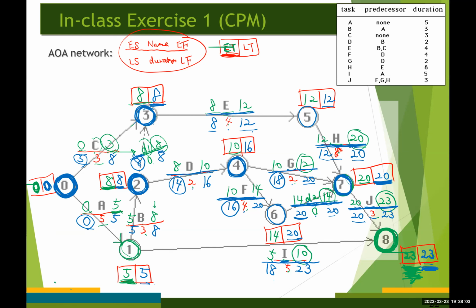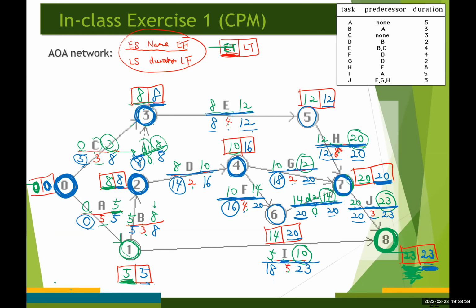Okay, now we computed the latest time and the earliest time for every event. And so now we can determine the critical path. In order to do that, we need to use the concept of a float, the total float, right?